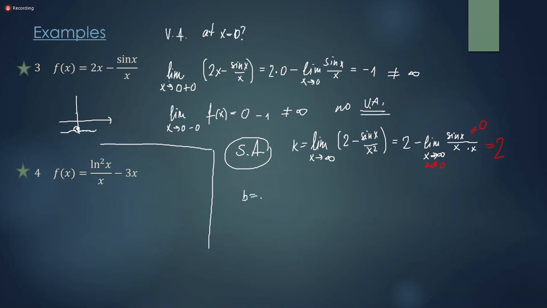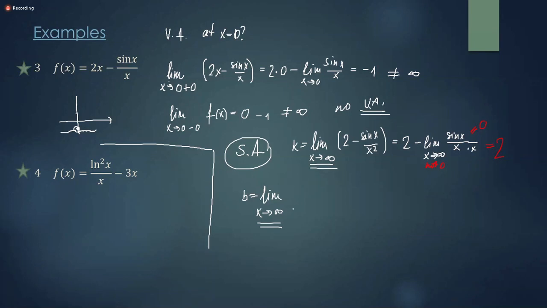So b is the limit when x tends to infinity. Again, let me remind you, infinity, not 0. 0 was only for the vertical asymptote, and it could be any other number if it's a dangerous point. But for the slant asymptote, for the horizontal asymptote, we are going horizontally to infinity and see what happens.